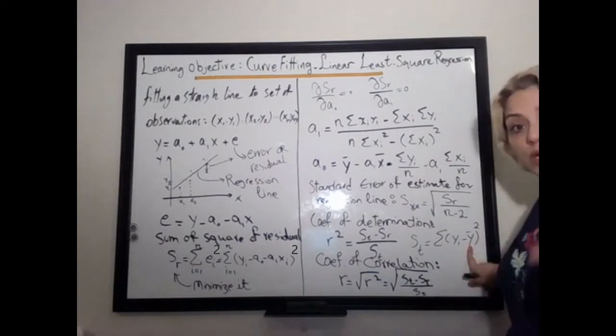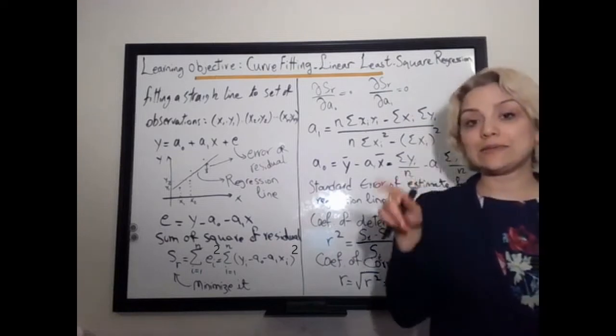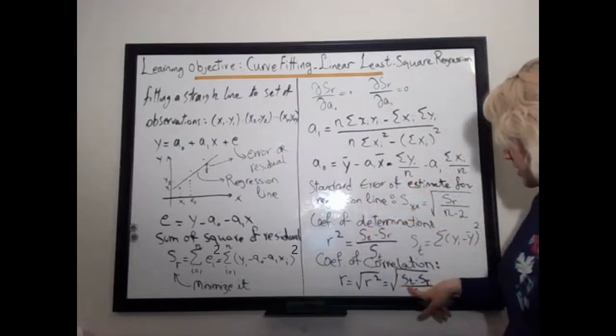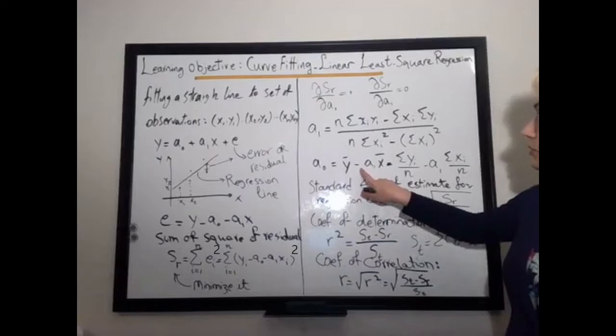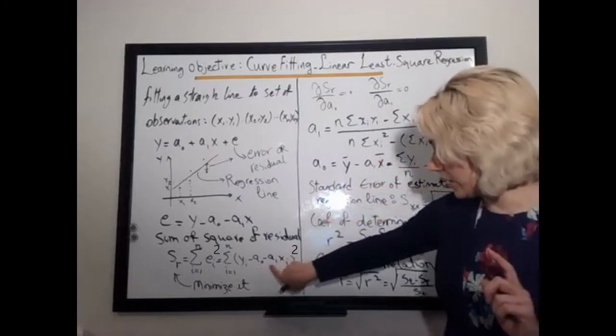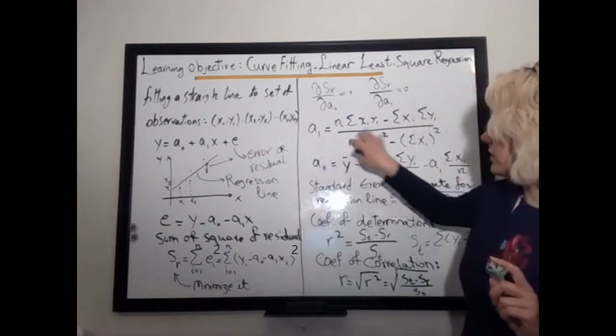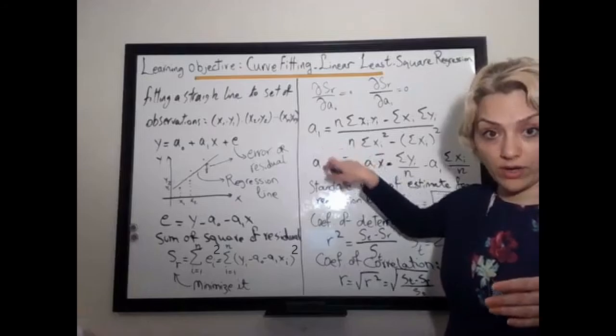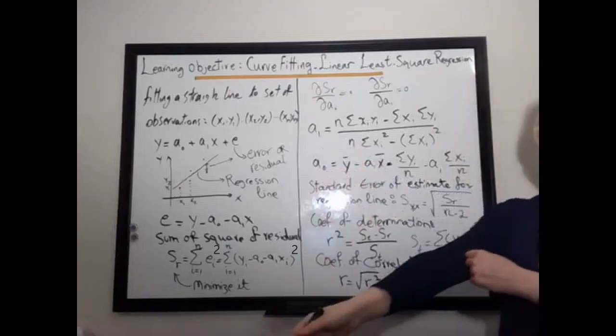Instead of y bar, you put the value of sigma y divided by n, and then square it. And for the sum of the square of the regression, you put this equation, but for A0 and A1, you would write down whatever you have found for A1 and A0.